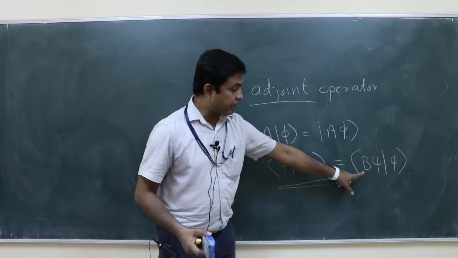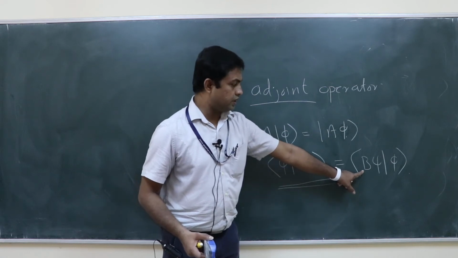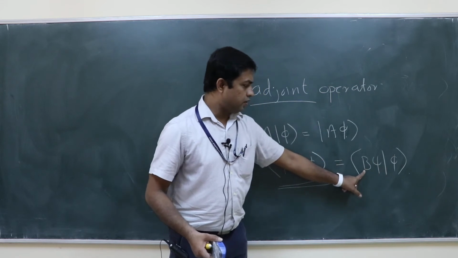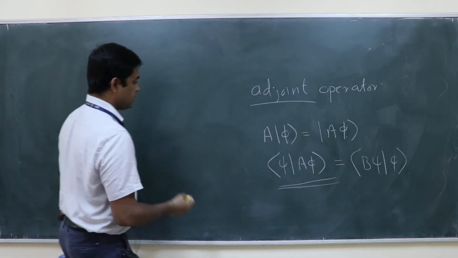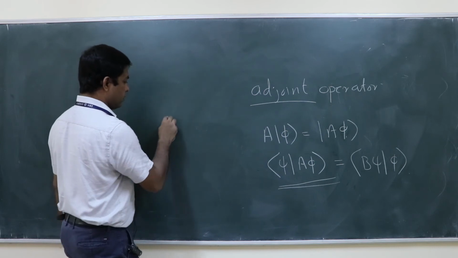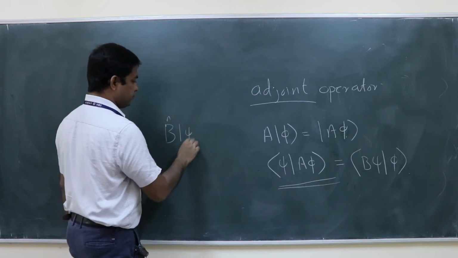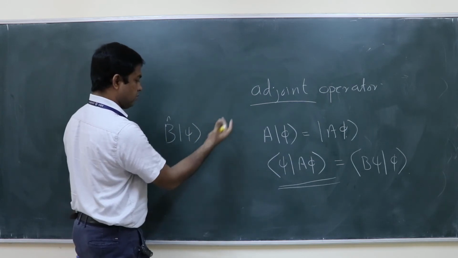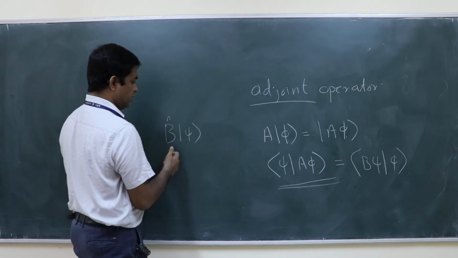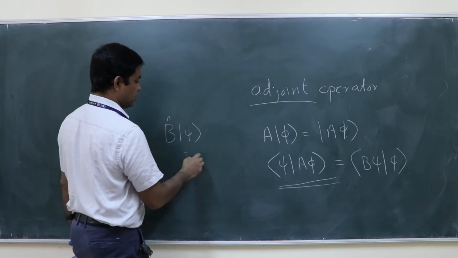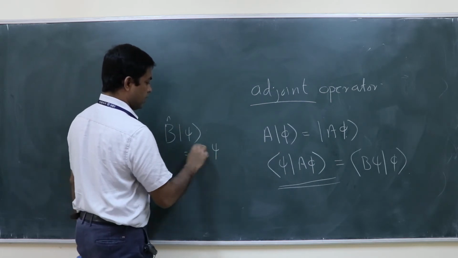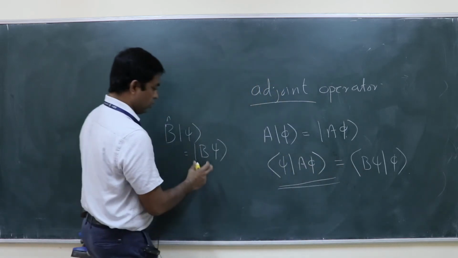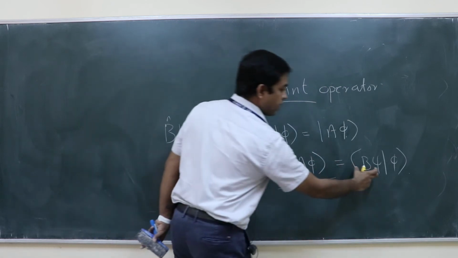Suppose you can identify an operator B in such a way that B acting on psi gives another vector, maybe chi. This one I can denote as ket B psi, and its dual is the bra B psi.